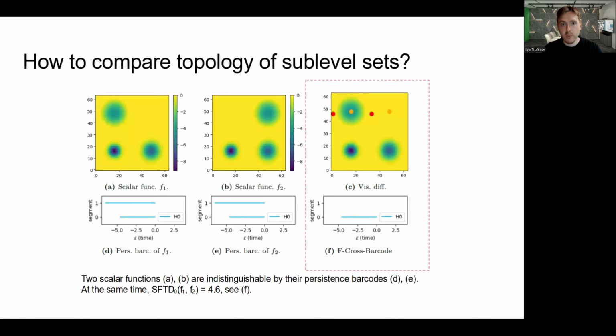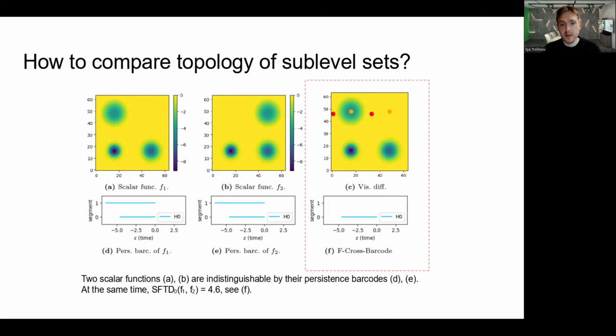Well, how to compare topology of sublevel sets? In the example above, we can calculate F crossbar code for functions f1 and f2, and we see that it is non-empty. It has one bar, which depicts the difference in localization of one local minimum.